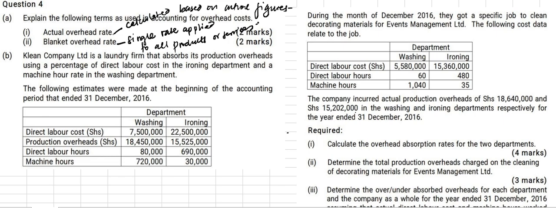Clean Company Limited is a laundry firm that absorbs its production overheads using the percentage of direct labor cost in the ironing department and a machine hour rate in the washing department.